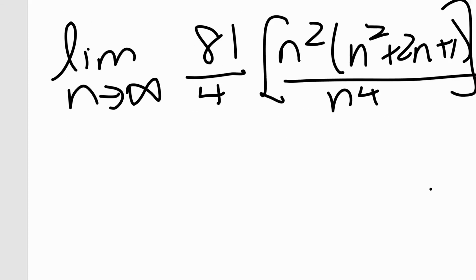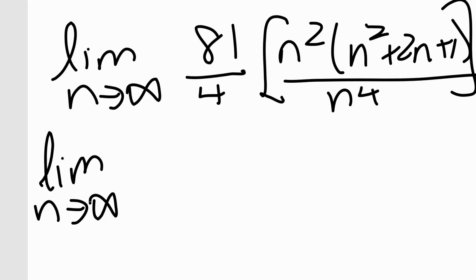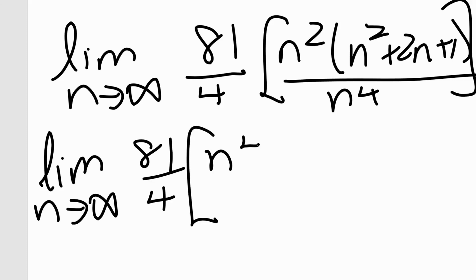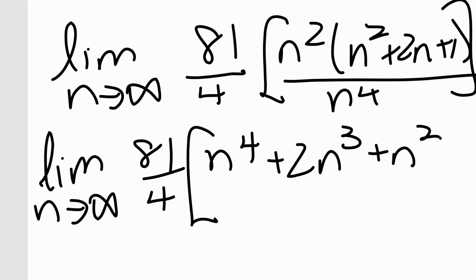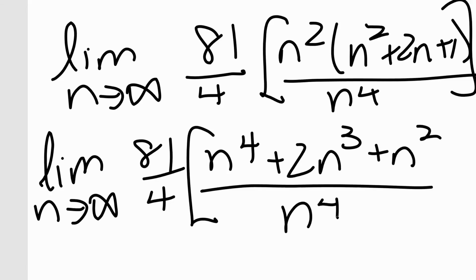You can either distribute the n squared, which is what I'm going to do, or you can get rid of 2n from both the top and the bottom. So I'm going to get the limit as n goes to infinity of 81/4 times n to the 4th plus 2n cubed plus n squared all over n to the 4th.